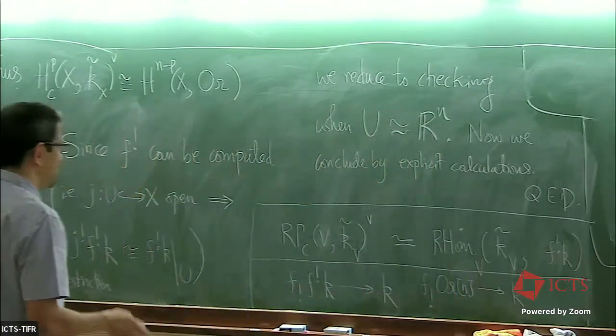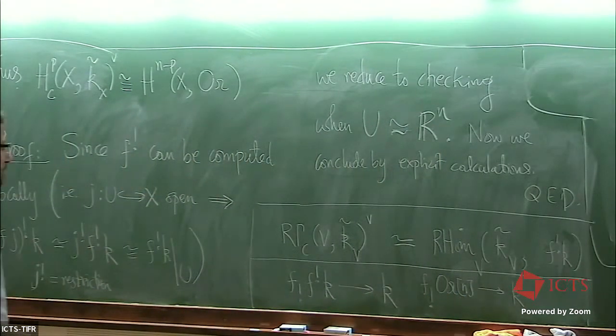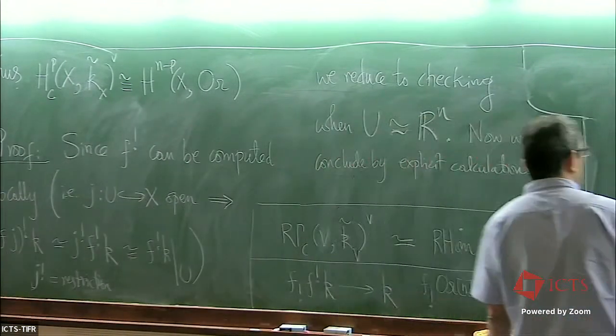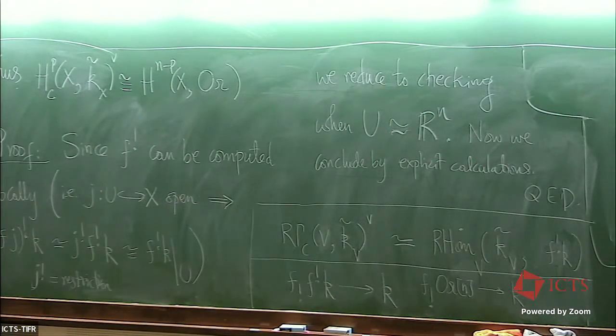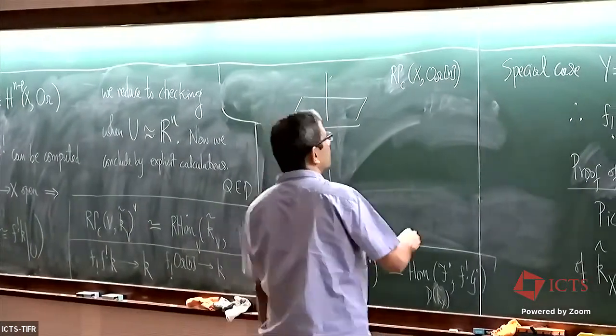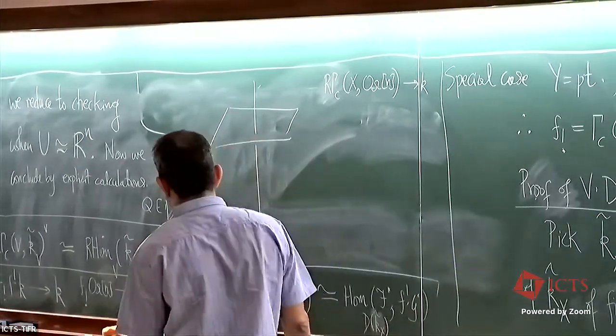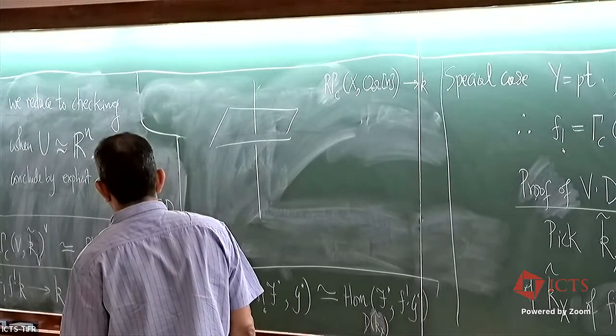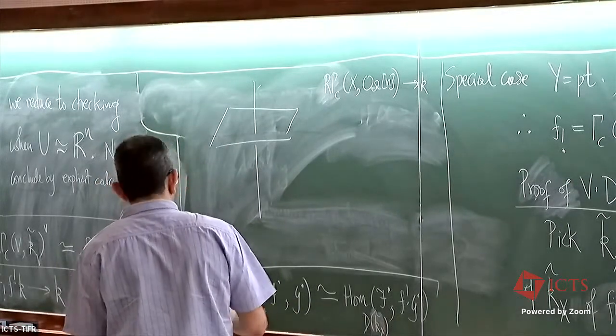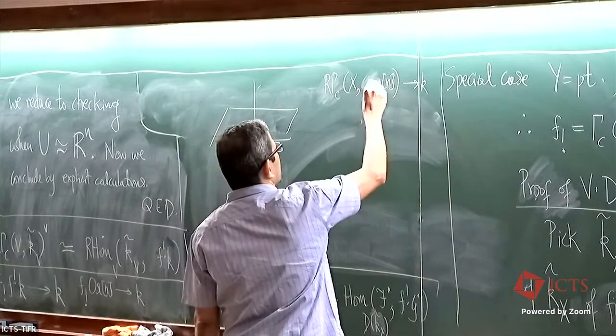But then f lower shriek is nothing but homology with compact support. So you can say something simpler. So that is just saying you are just looking at, I hope I'm not making a mistake here. Yeah, that's what you are doing. And of course, it's orientable, so you can put K here.